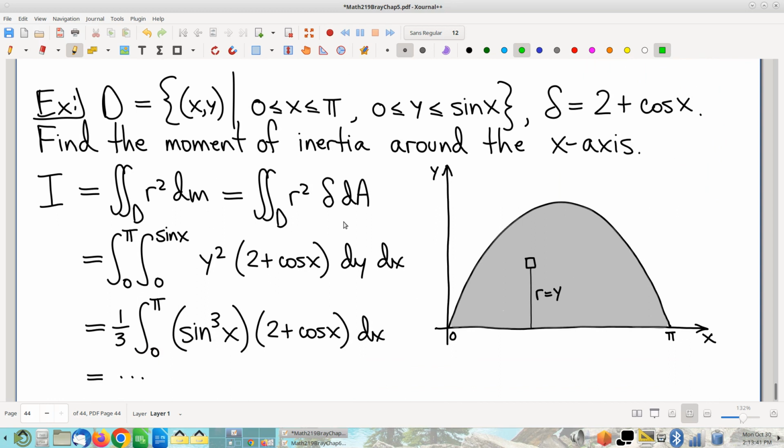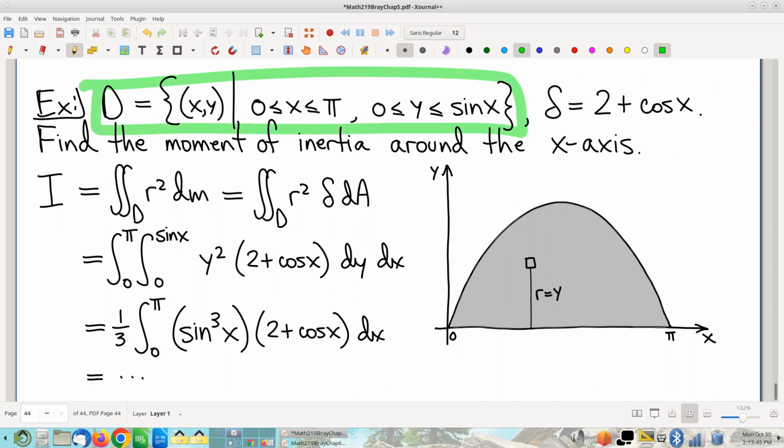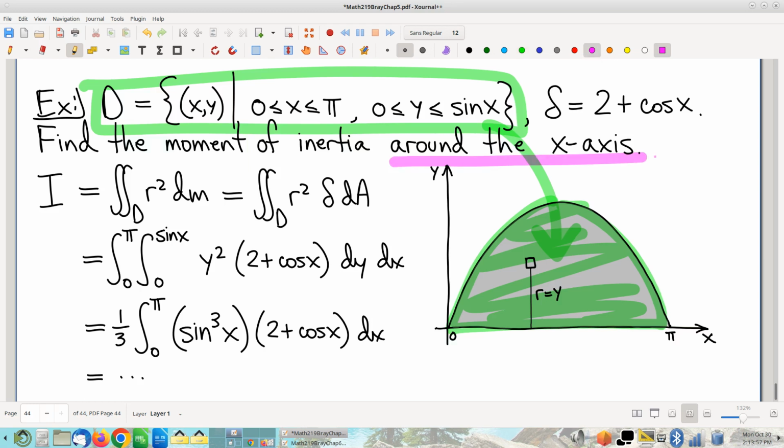Here we have a two-dimensional lamina of mass. And I want to imagine that as rotating around the x-axis here. And as that rotates around the x-axis, it's going to have some sort of a moment of inertia.